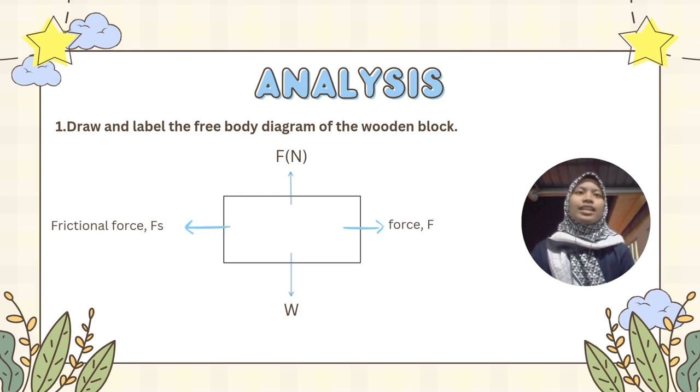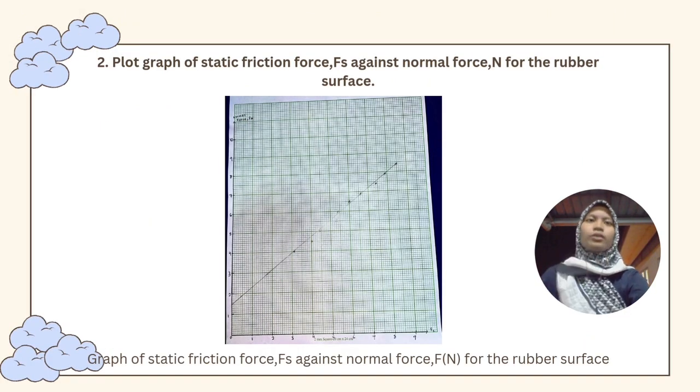Okay, next is the analysis questions. For question 1, draw and label the free body diagram of the wooden block. And the answer is: the right arrow is the applied force, the left arrow is the frictional force, the upper arrow is the normal force, and the down arrow is the weight. Question 2.